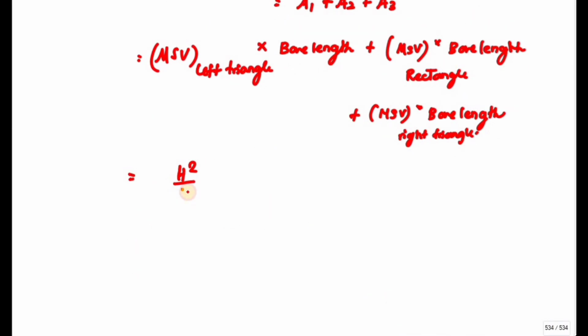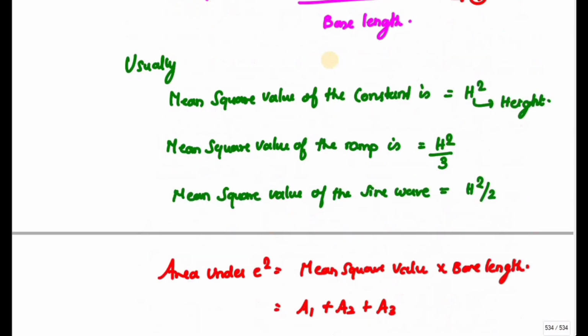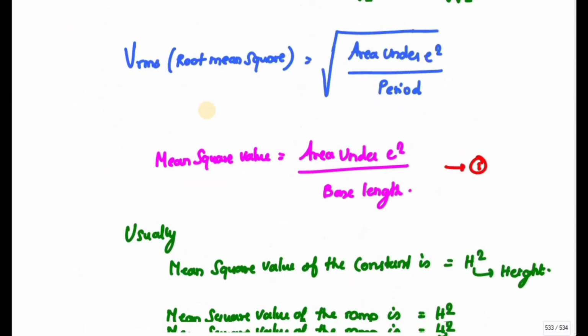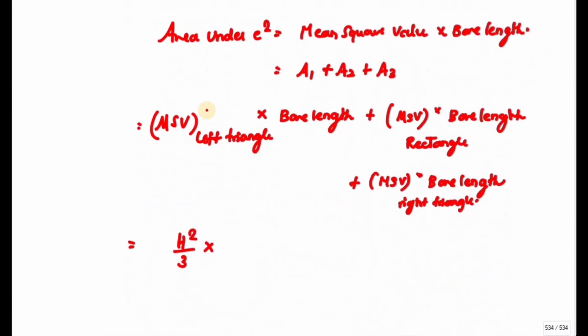So you substitute the h value, h square divided by 3 into the base length, which is pi by 4. Plus the mean square value of the rectangle is h square, and the base length is 3 pi by 4 minus pi divided by 4, plus h square divided by 3 into pi by 4, since both the areas will be the same, right?